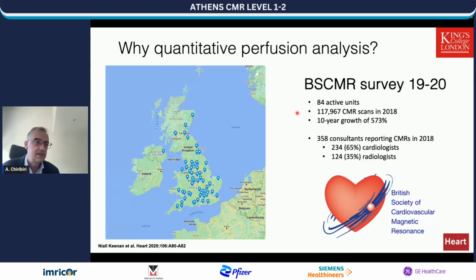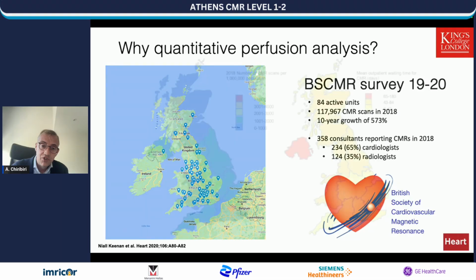We now estimate a number well below 130, with definitely around 200,000 scans. So there is an increase in demand, and this cannot be matched by a number of trained doctors to report all the scans. So in a way, we need to start thinking how we simplify the analysis of the images so we make it quicker for doctors to come up with a diagnosis.